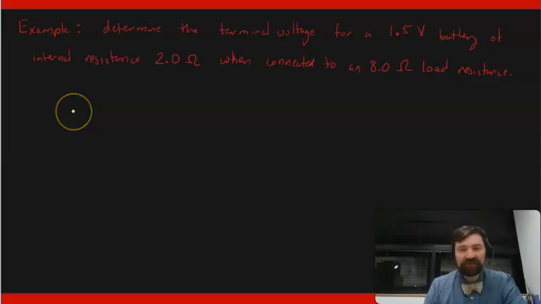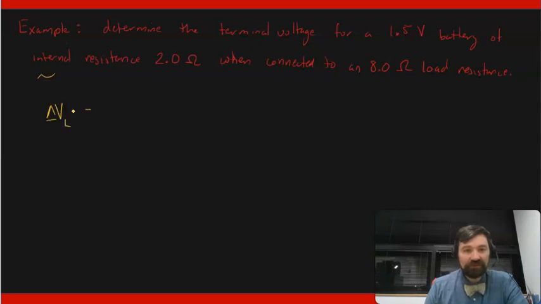All right, our brief example is to determine the terminal voltage for a 1.5 volt battery with internal resistance 2 ohms when it's connected to an 8 ohm load resistance. So delta V load is the terminal voltage. That's going to be the EMF times the load resistance divided by the sum of the load and internal resistances.